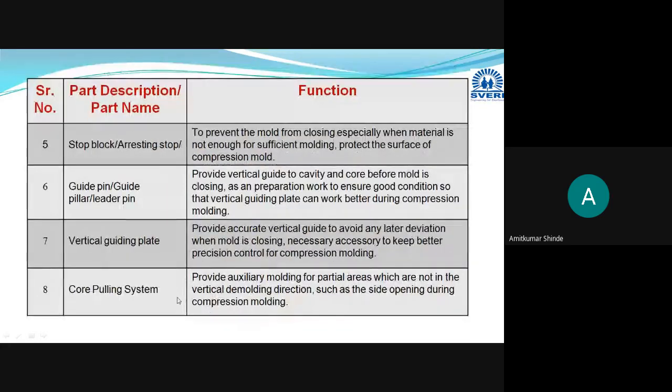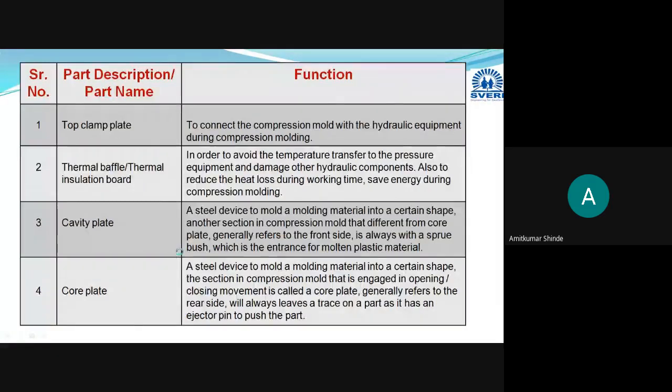Then the next, seventh and eighth. The function of the guide pin is to provide vertical guidance to the cavity and core before the mold is closing. It ensures the proper alignment of the cavity plate and core plate during closing. Then the vertical guiding plate is there. Only during closing will it provide the guidance.